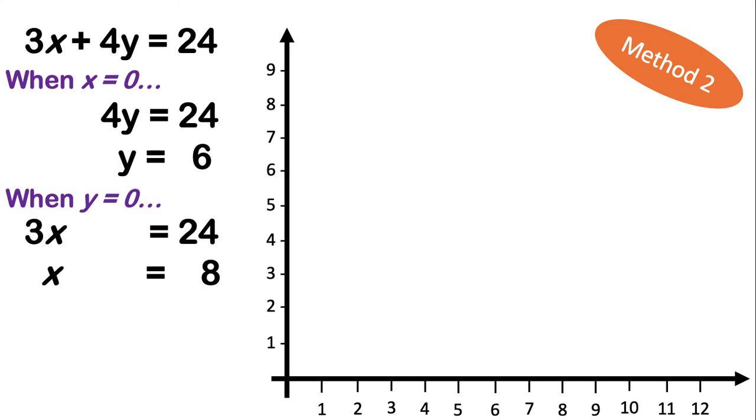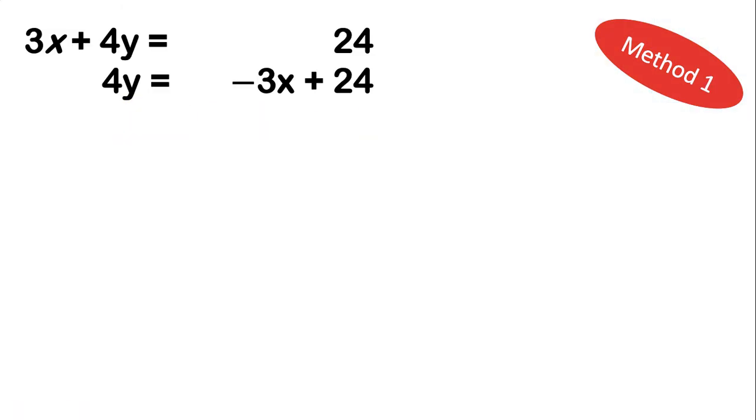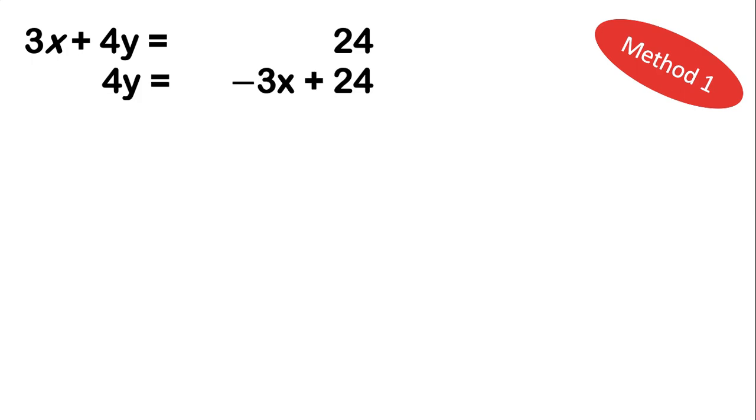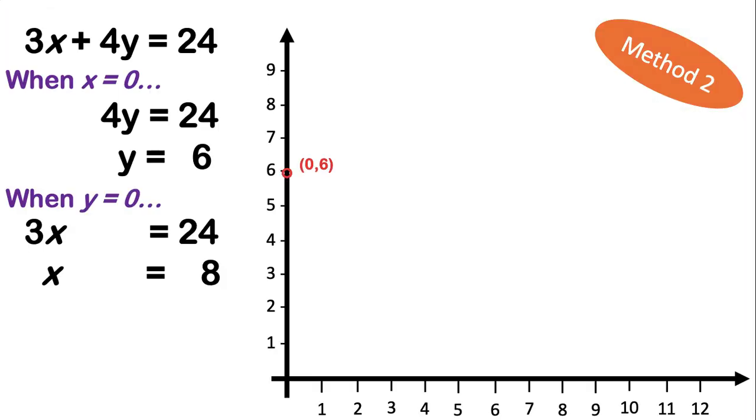So if you happen to see one with the x and the y on the same side, rather than one in a nice y equals mx plus c form, do think about doing it that way, where you just figure out where it cuts the axes and join the 2 points up.